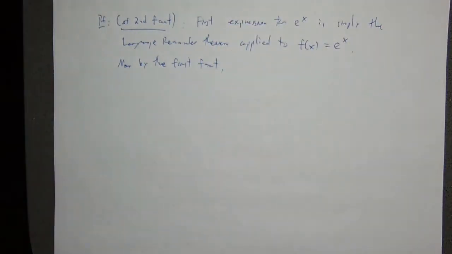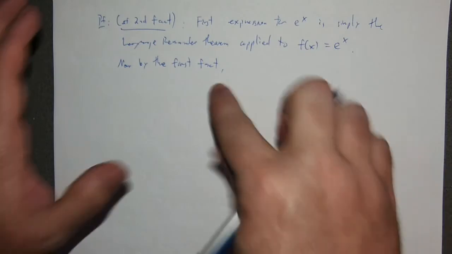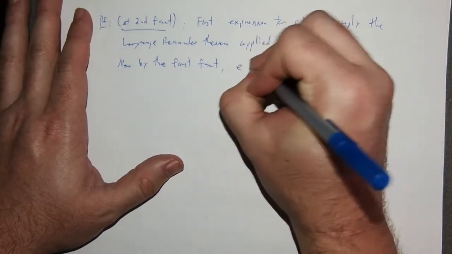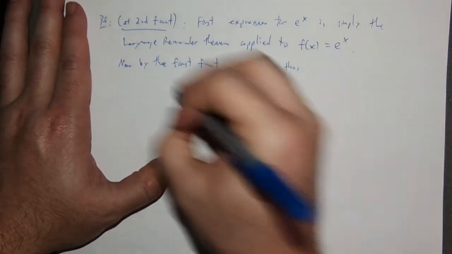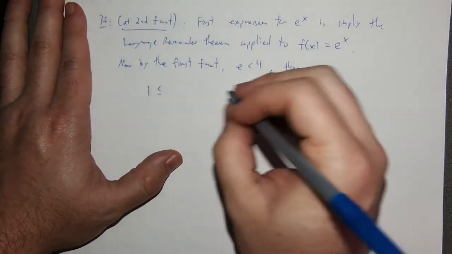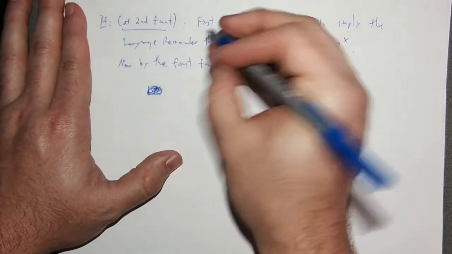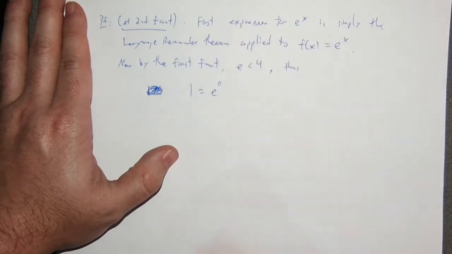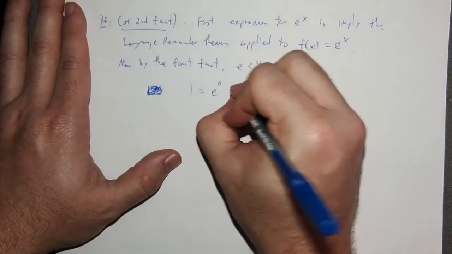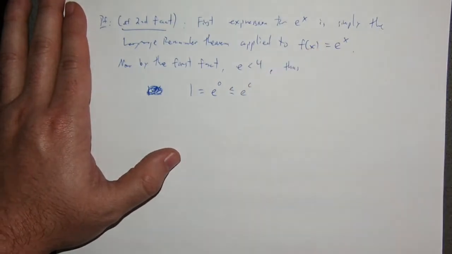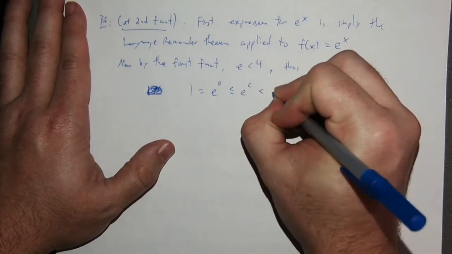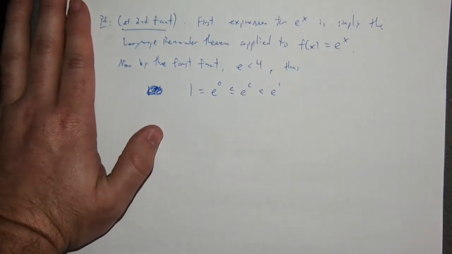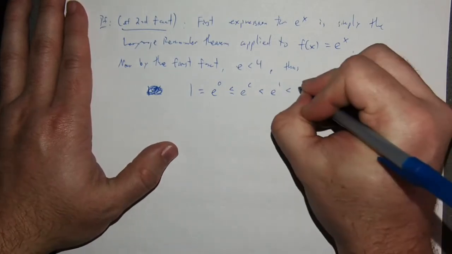All right, now by the first fact, what do we know? Well, by the first fact, e is strictly less than 4. Thus, I'll write it like this: 1 is equal to e to the 0, and e to the 0 is less than or equal to e to the c, if c is some number strictly between 0 and x, which is less than, say, e to the 1, which is strictly less than 4.